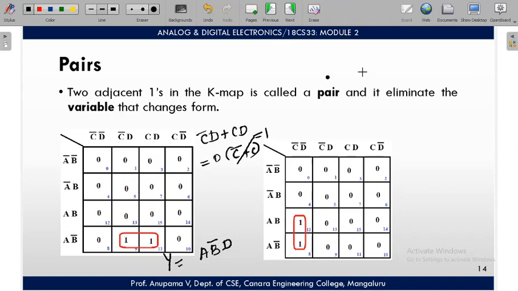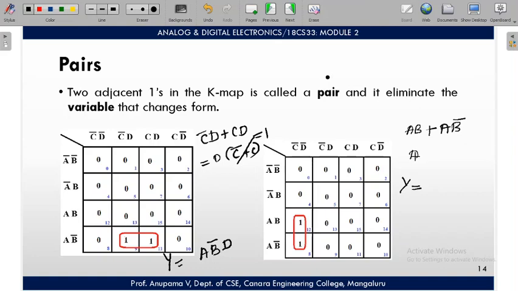A pair is formed vertically by using two adjacent ones that lie in cells 8 and 12, which are adjacent to each other. So, how to write the simplified Boolean expression? Y is equal to, first go row wise, see the terms in the row: A B plus A B bar.